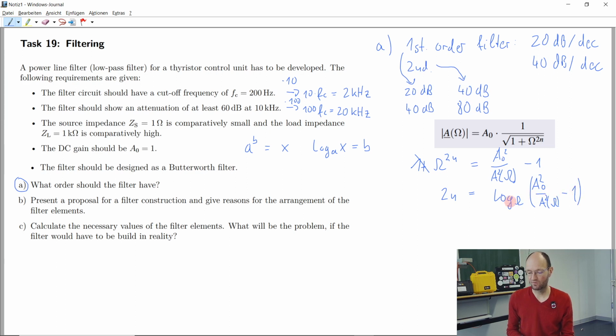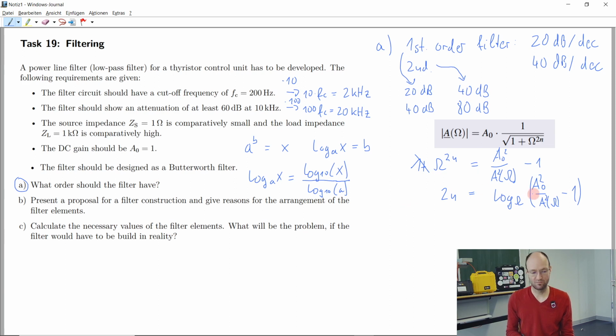And then the remaining question is, how can we calculate this logarithm? How can you calculate some logarithm of x to base a using other logarithms? You have an idea? Okay, so I think it should be something like we take, for example, log 10 of x divided by log 10 of a.